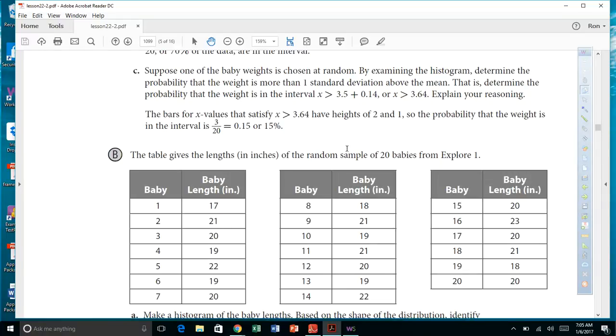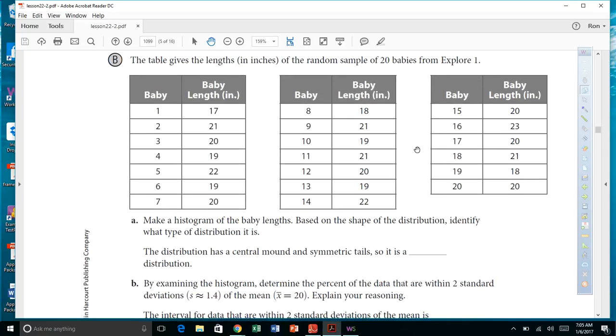Explain your reasoning. The bars for x values that satisfy this have heights of 2 and 1, so the probability that the weight is in the interval is 3 over 20, or 15%.